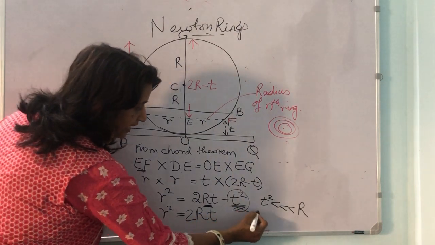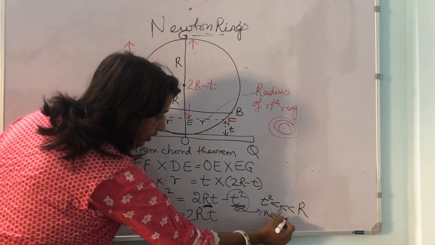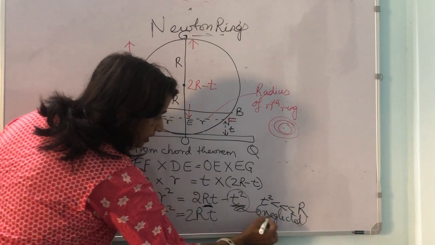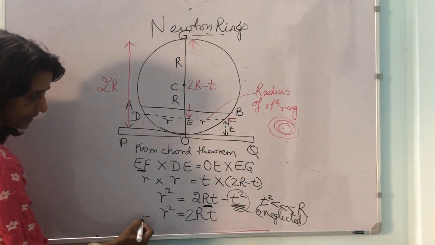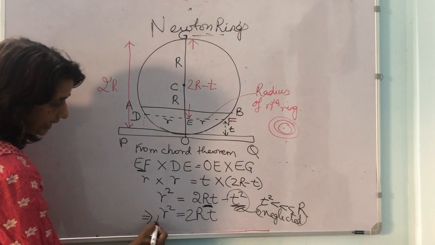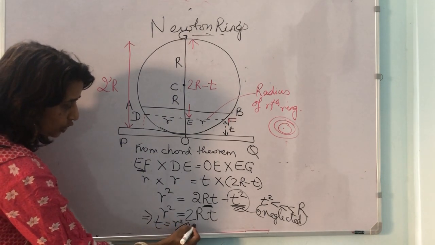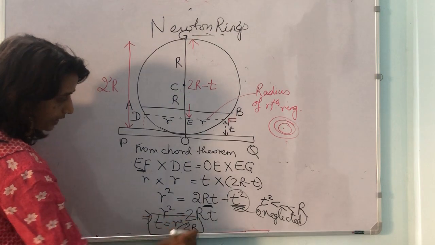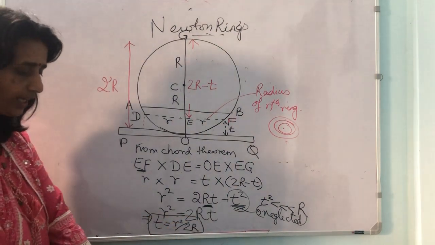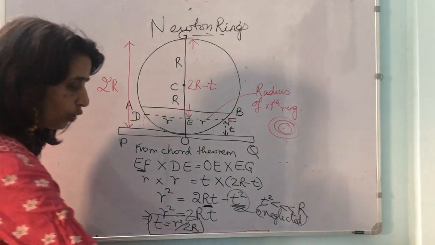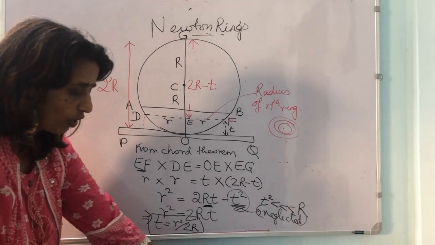We have neglected it because it is a very small value, and this implies that T is equal to r square upon 2R. That is the thickness of the film whose radius is small r.